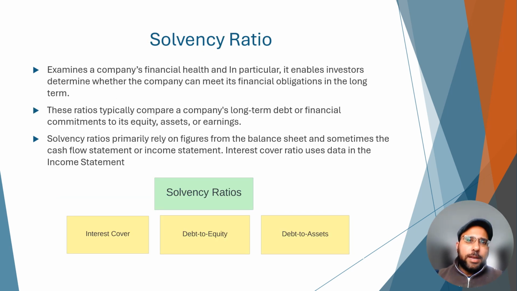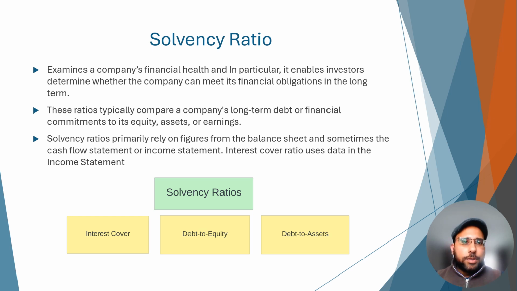Solvency ratios are financial metrics used to assess a company's long-term financial health and its ability to meet its long-term debt obligations. You will notice this set of ratios is different from our previous ones, where we were talking about short-term debt obligations and just current assets alone.